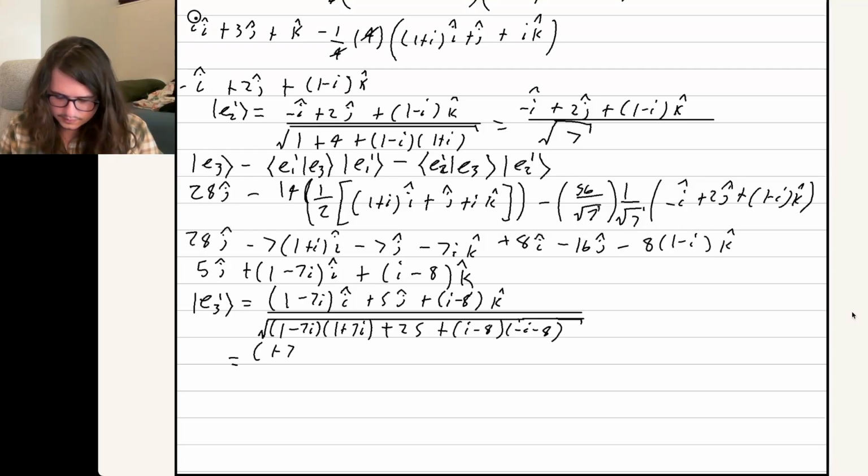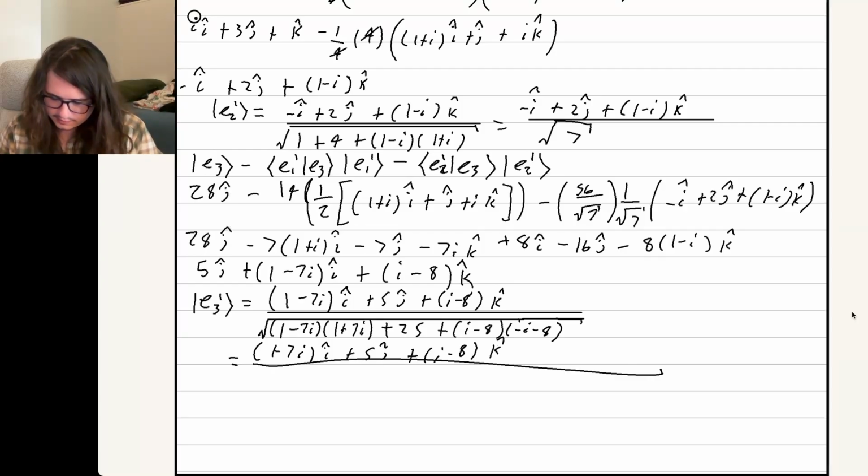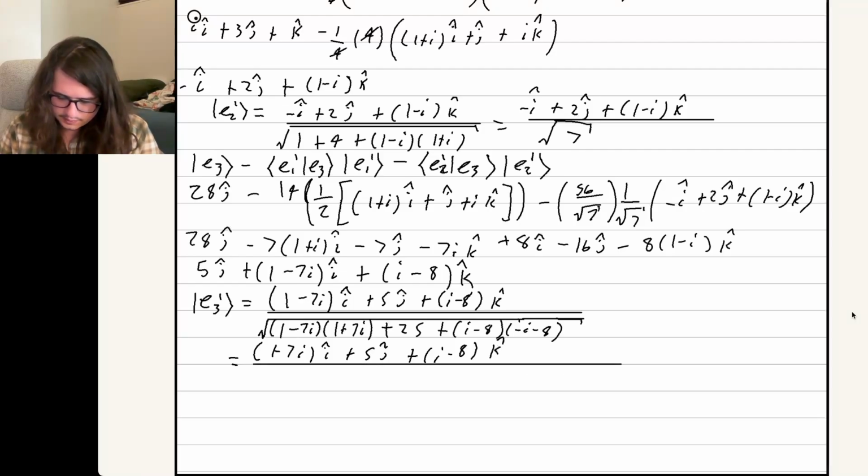So just writing out the top side of the fraction again, we can start simplifying the stuff in the radical, because this is going to look like 1 minus 49i squared, whoops, i squared, plus 25 plus 64 minus another i squared.